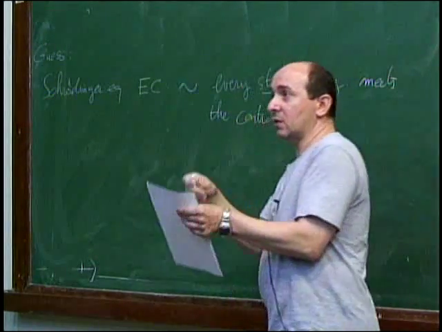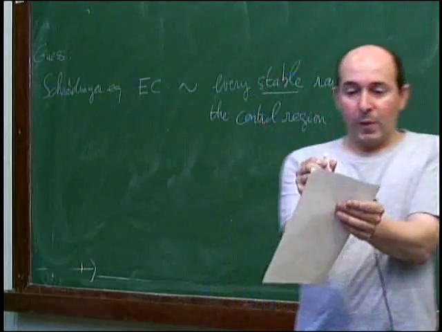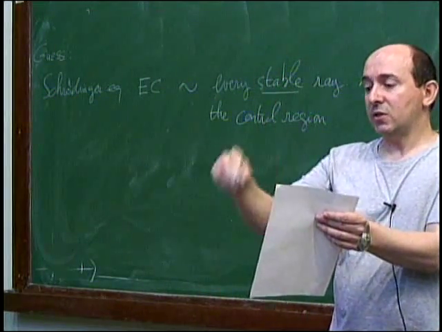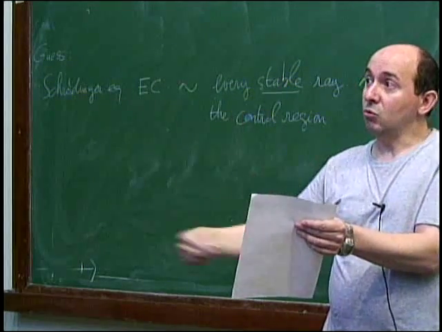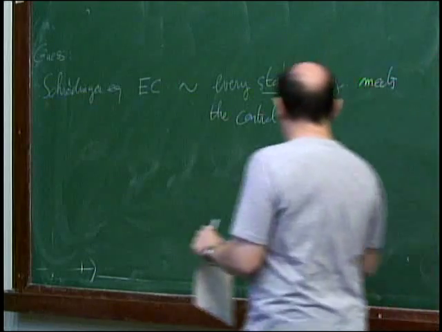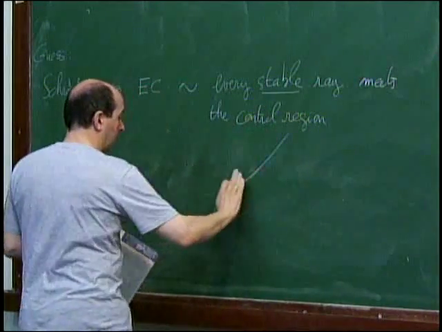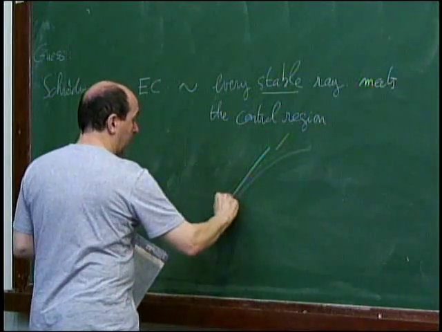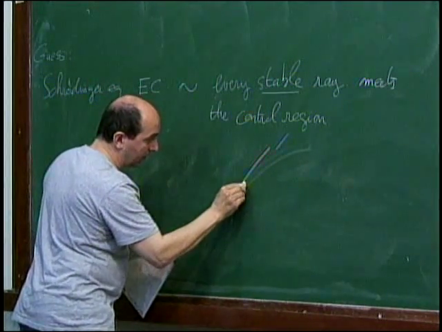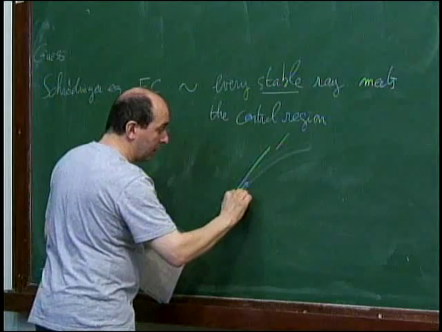By stable, I mean that you have a ray, you perturb slightly the direction at some point, and you see the ray stays close to the previous one. So I mean, you have a ray like this. You have a point. You take some direction which is very close, like this. You obtain another ray.